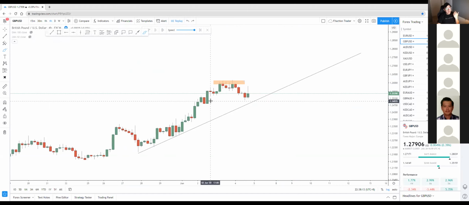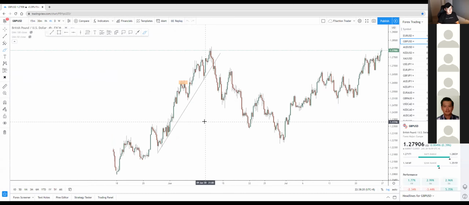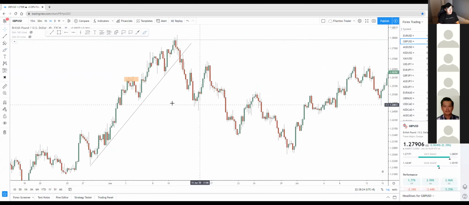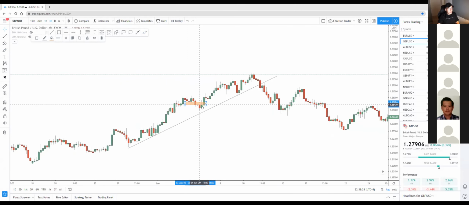So when we are talking about retest, how can we trade with retest? When the market is retesting the trend line, what we can do is go to a lower time frame to look for entry. Let's say the market is here.